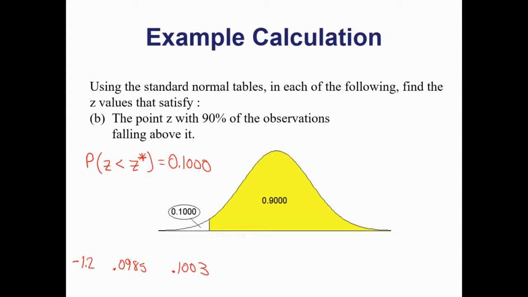Which one of these is closer? 0.1003, so based on that value, you'll go over to hit 1.2. And what do you go up to hit? 0.08. So that means our Z star is what? Negative 1.28.